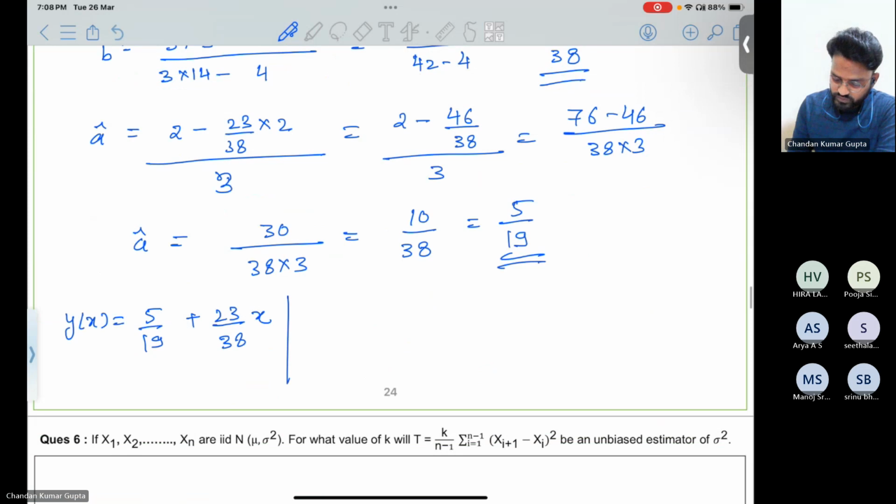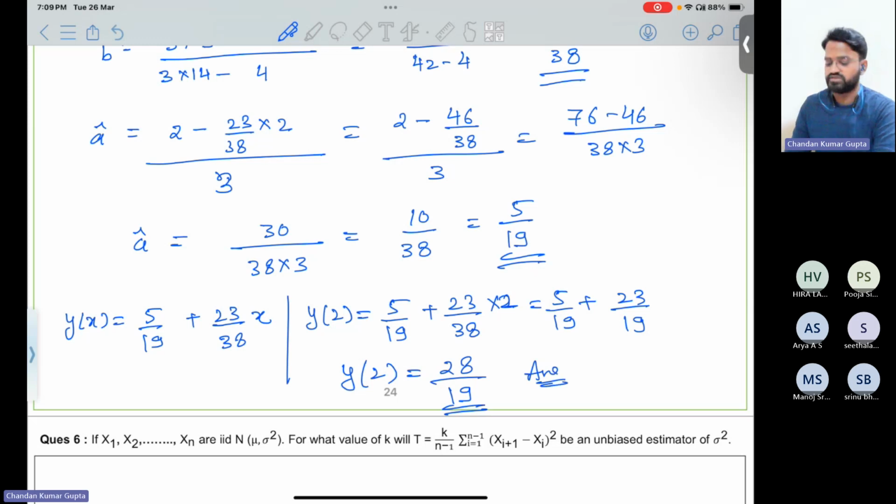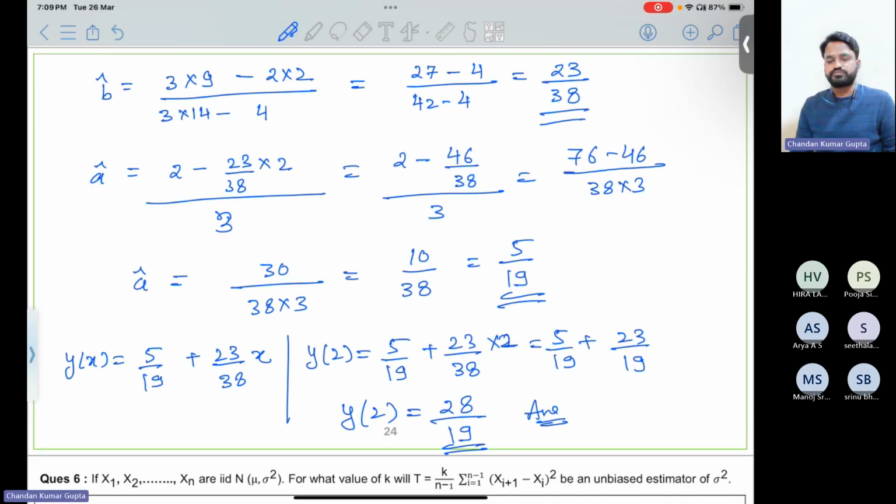So y at x equal to 2 will be 5 upon 19 plus 23 upon 38 into 2, which is 5 upon 19 plus 23 upon 19. So y at x equal to 2 is 28 upon 19. This is our final answer. Okay.